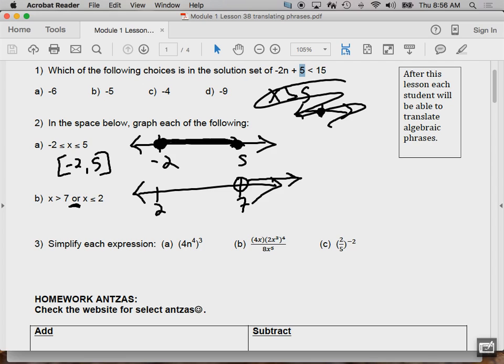Arrow to the right because, listen, whenever the letter's on the left, the direction of the inequality tells you the direction of the line you're drawing. Okay? And then this one says it's less than or equal to, so I can fill that circle in and go to the left. A bounded interval, like the X in between, means you're going to shade in between. A non-bounded interval means you're going to go in opposite directions.